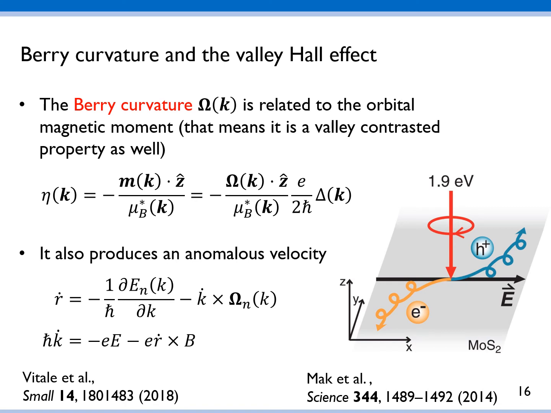So this effect is called the valley Hall effect, and we can measure Hall voltage across the direction of the electric field if we dope our device, for example with electrons, or if we break the time reversal symmetry by applying a magnetic field, so that we have a net flow of carriers, and we can then measure a net Hall voltage.